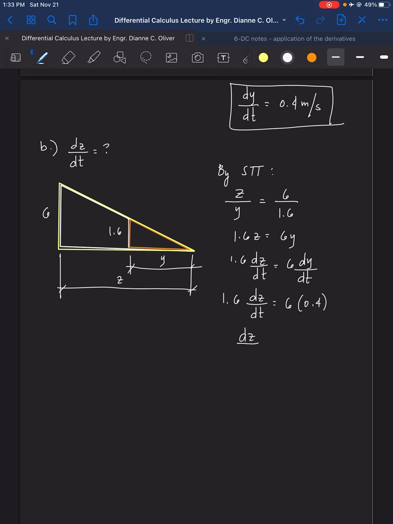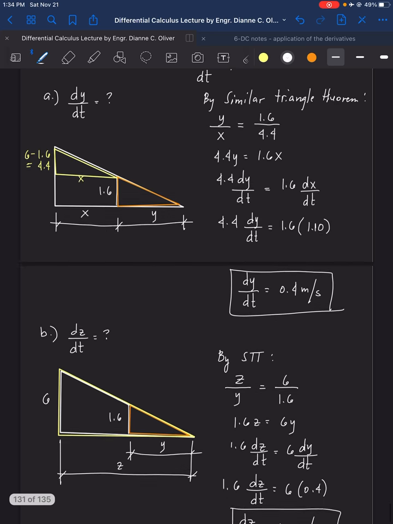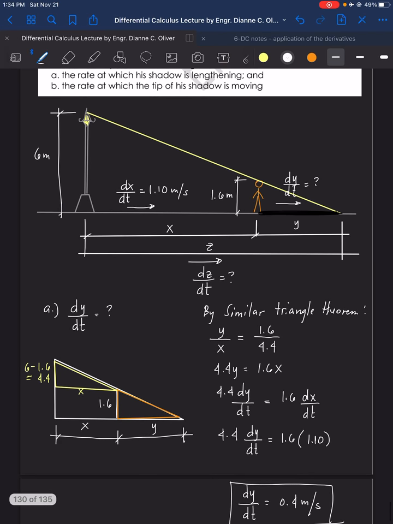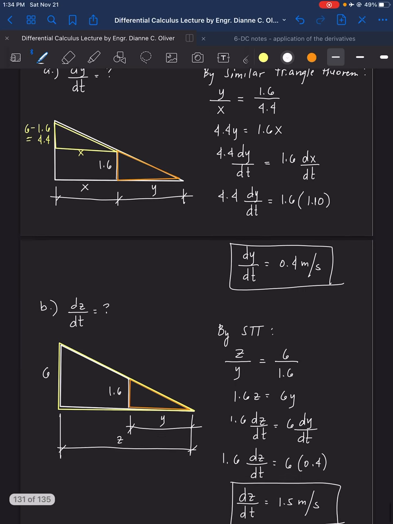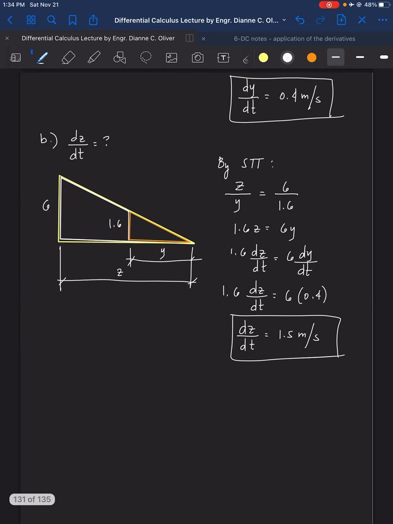Therefore, dz over dt is now equal to 1.5 meter per second. So that is the rate at which his shadow, the tip of his shadow is moving. Alright, so that is for letter B.